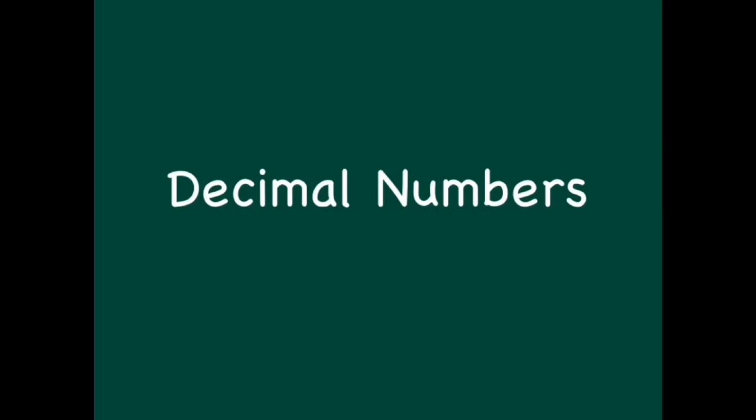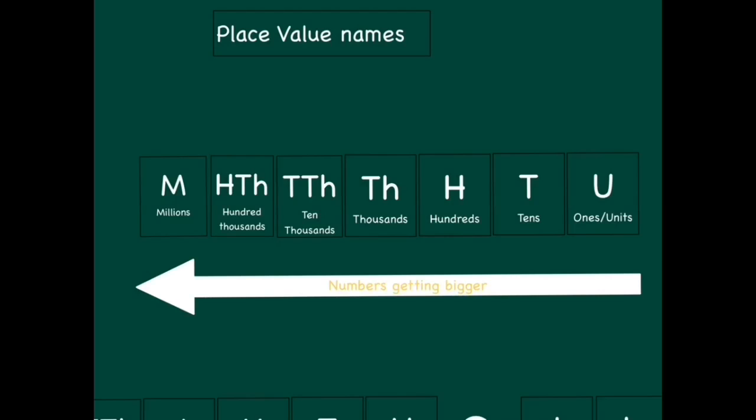Okay, folks, so let's delve into decimal numbers. First thing that's really important to know is the place value headings of decimal numbers. Let's take a look at what we already know. We're already familiar with these place value headings.